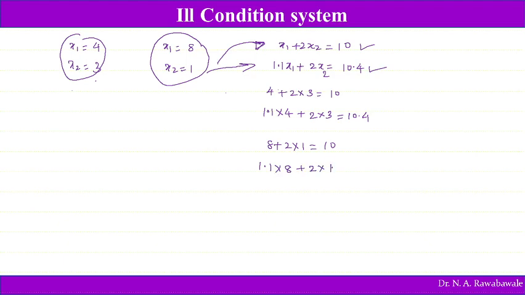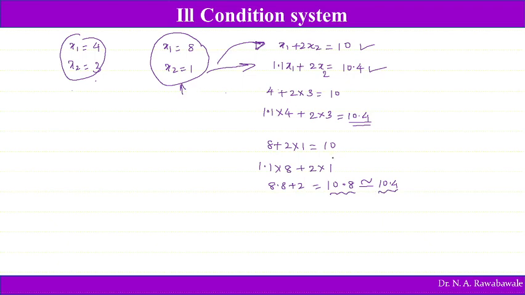So this can be simplified as 8.8 plus 2. So approximately this is 10.8, and this 10.8 is very close to 10.4. So this is the actual value of the second equation. So now 10.8 is also satisfying this second equation, and that is nothing but second set of solution is also approximately satisfying the set of equation.